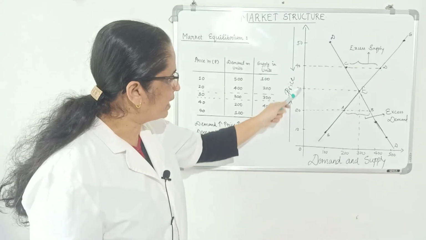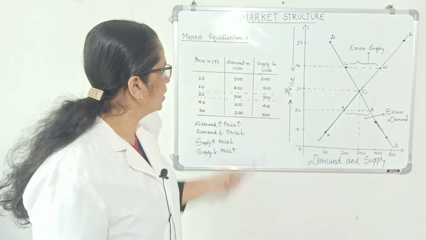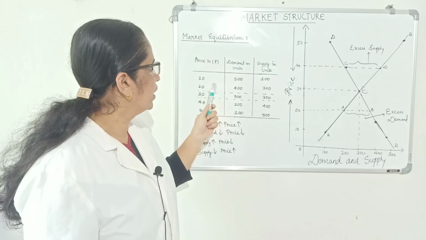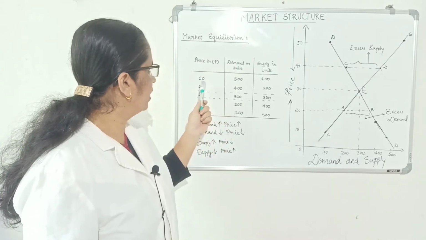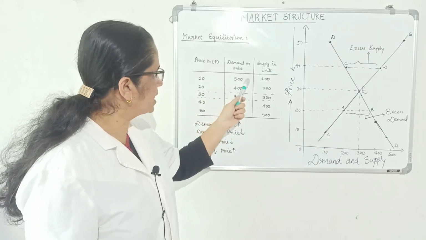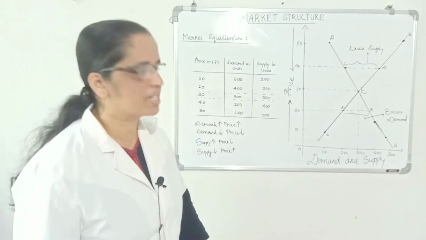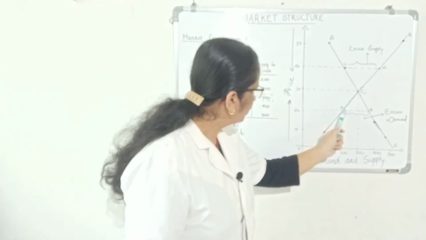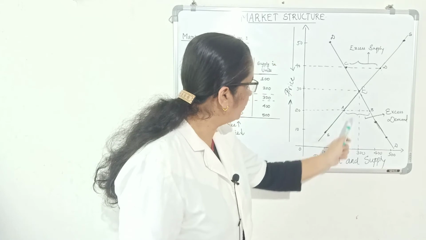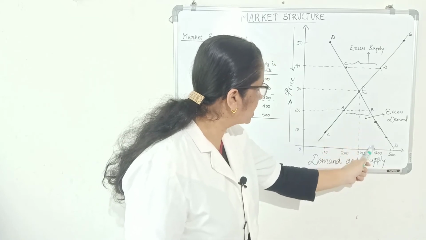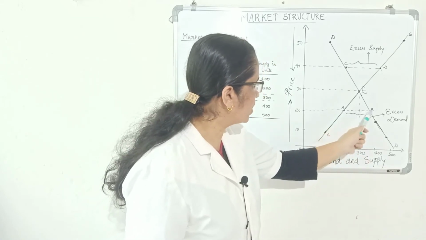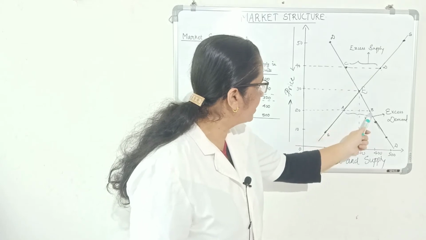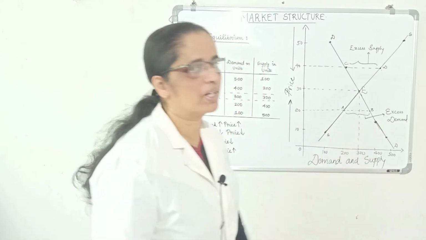If you take a price below the equilibrium price, rupees 20 or rupees 10, you can see demand is greater than supply. Supply is only this much, demand is more than supply. And this AB distance is known as excess demand.